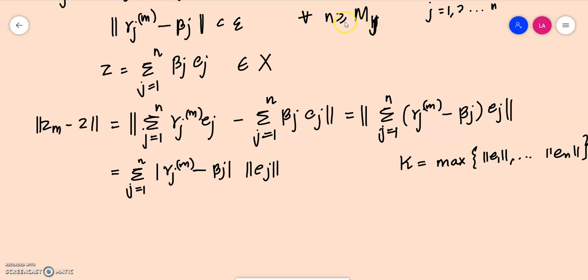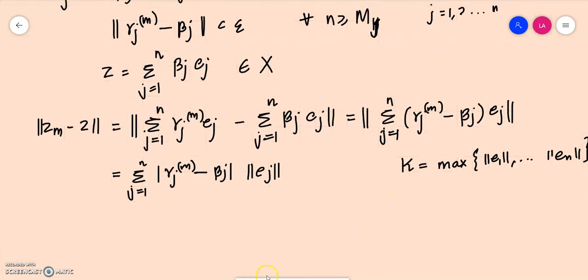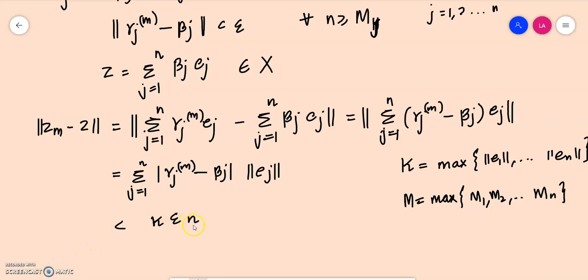In general I write m as the maximum of m_1, m_2, etc., m_n. Now this is actually less than k times epsilon times n, where k and n are fixed numbers.